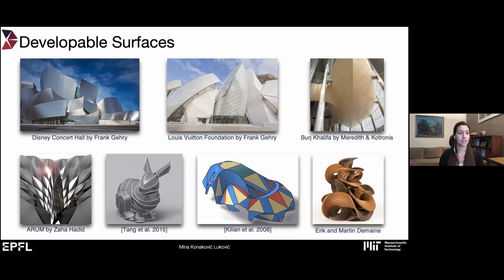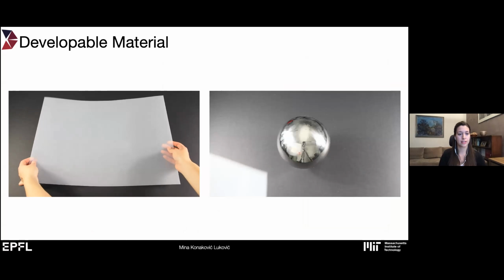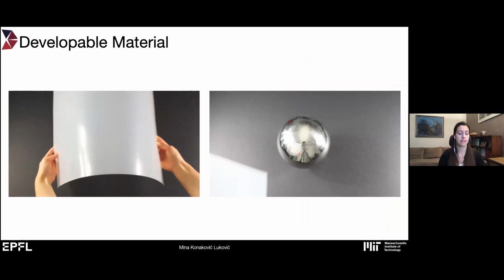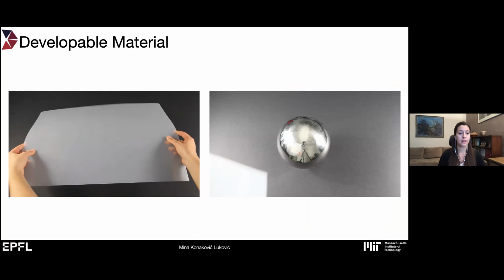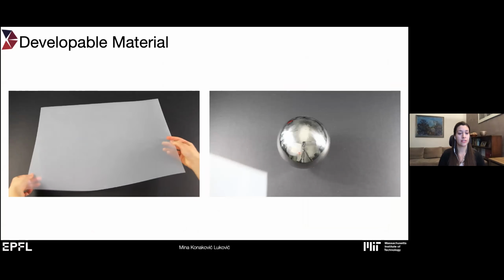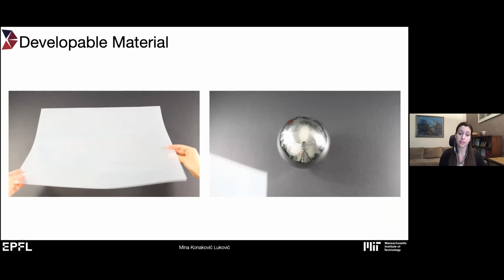But these surfaces, although they look really impressive, are still limited in what they can achieve. And why do I say limited? Well, let's look at this simple example. This is an acrylic sheet that is developable. You can freely bend it, but you cannot stretch it.